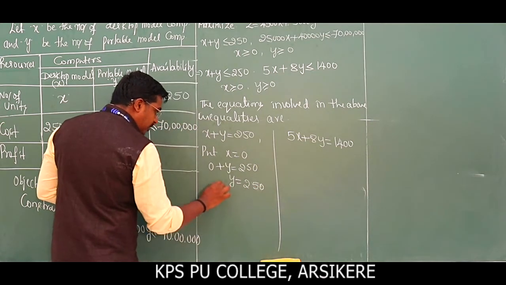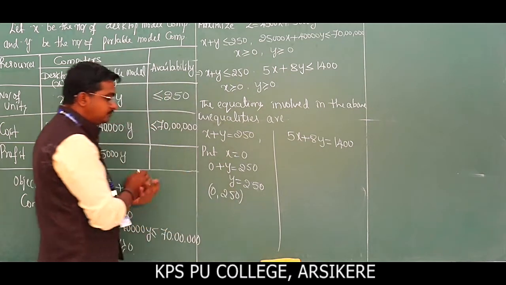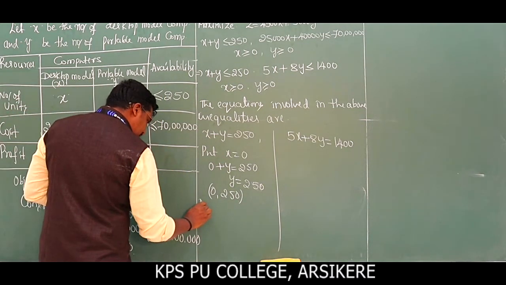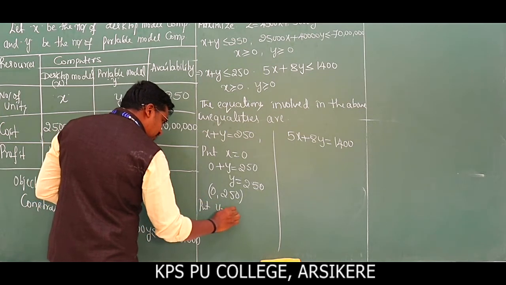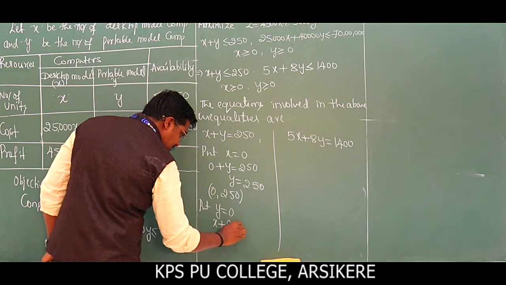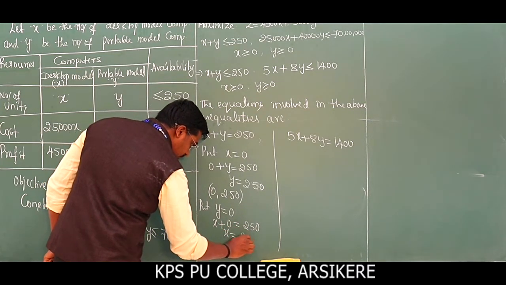What is the corresponding point here? (0, 250). Similarly, put y is equal to 0 in the above equation. We are left with x plus 0 is equal to 250, which is nothing but x is equal to 250.